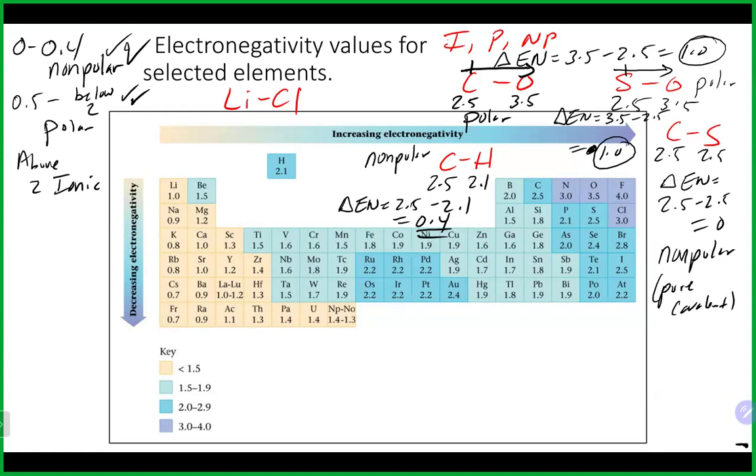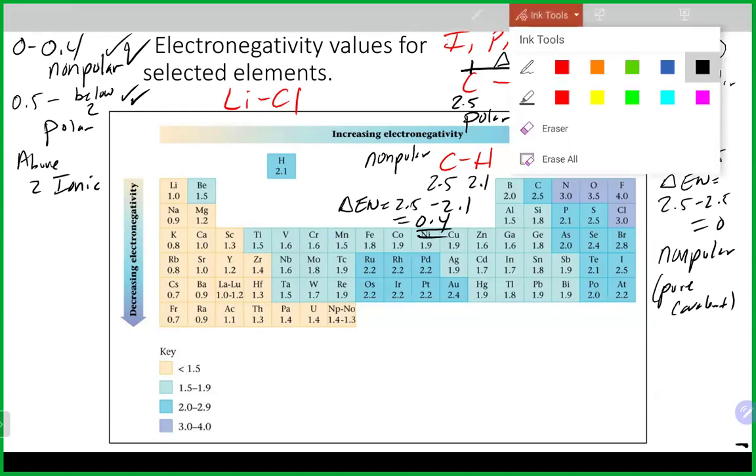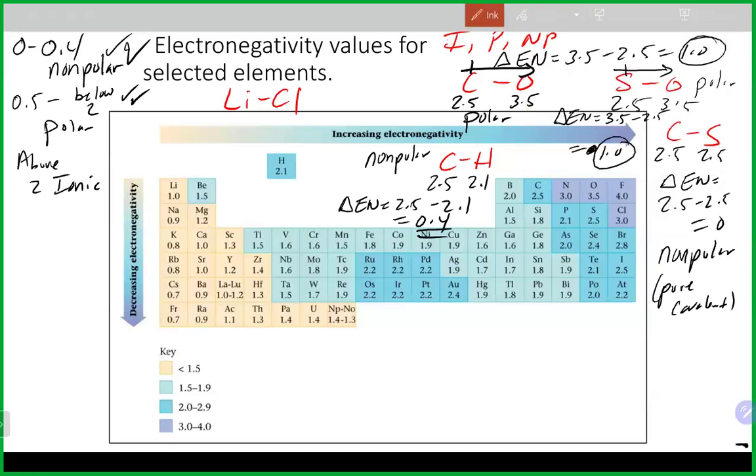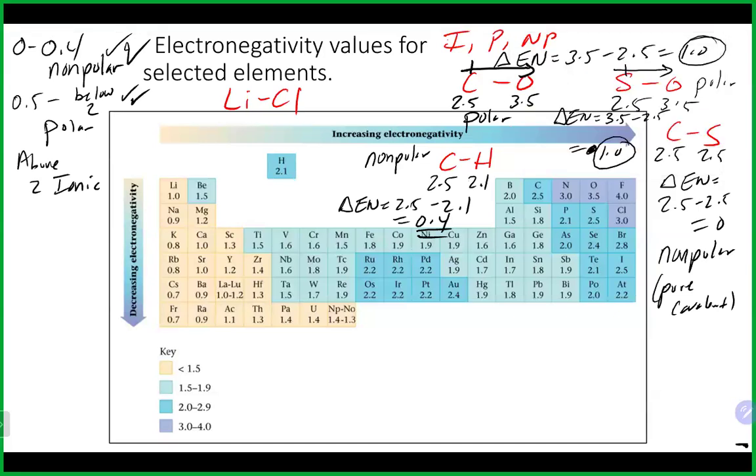Now, that brings up a good point: two different elements can actually share the same electronegativity. If you have two elements that are the same, obviously within a bond, they're going to have the same electronegativity, but you could also have two different elements that share the same electronegativity. The relationship that comes from is what is sometimes referred to as the diagonal relationship on the periodic table. Carbon is here, sulfur is there.